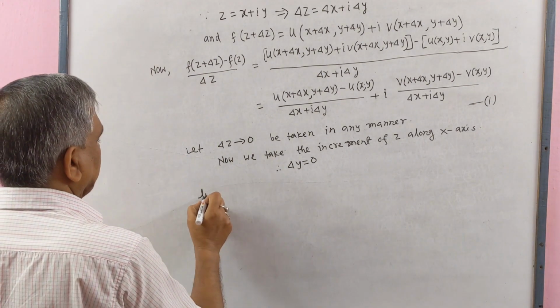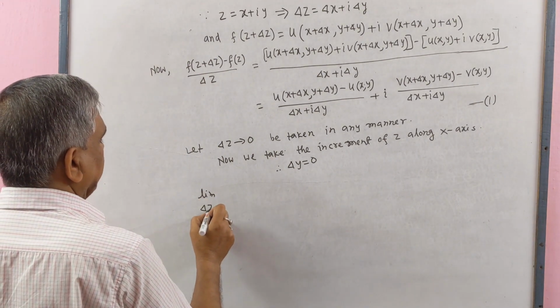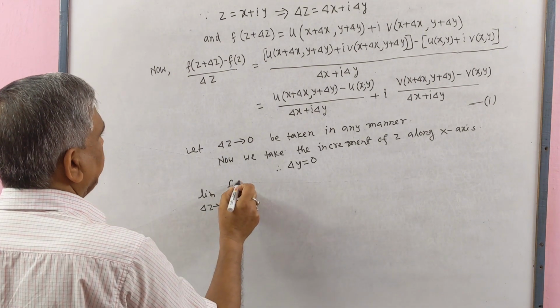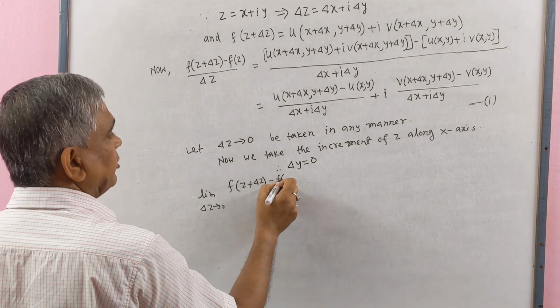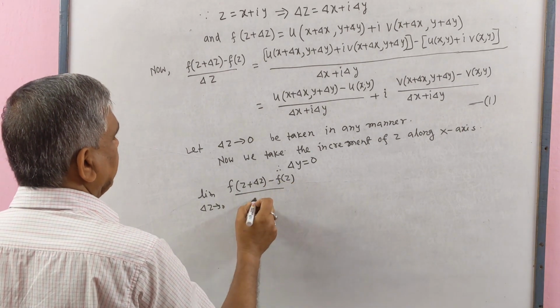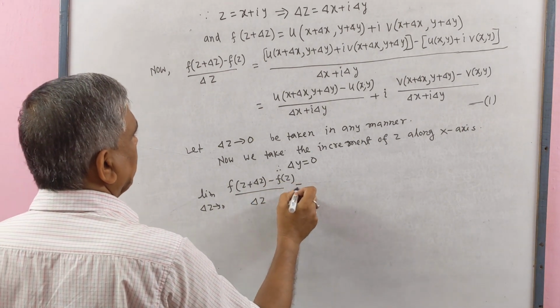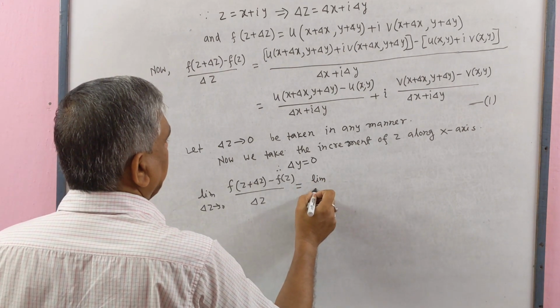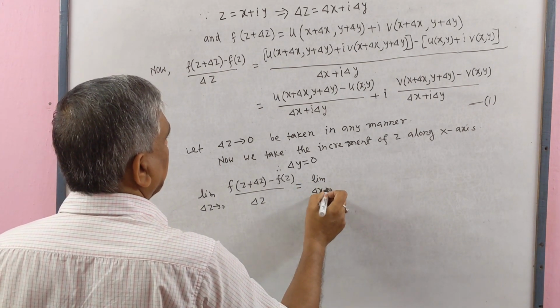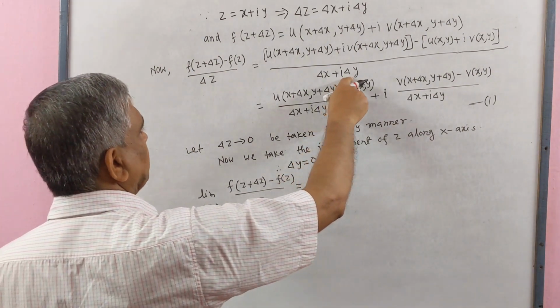Then limit delta z tends to 0, f(z plus delta z) minus f(z) by delta z equal to limit delta x tends to 0. Here delta y is 0.